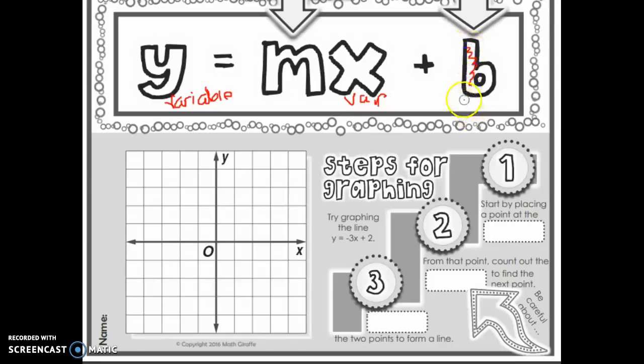It doesn't change, so we call it the constant. And what do we call the number in front of the variable? It's the coefficient.